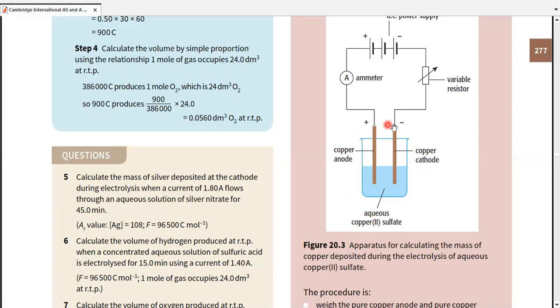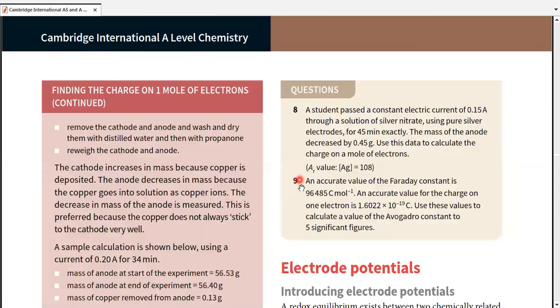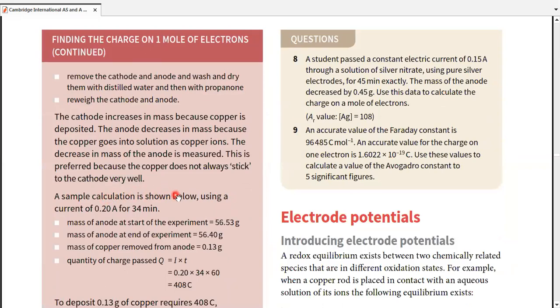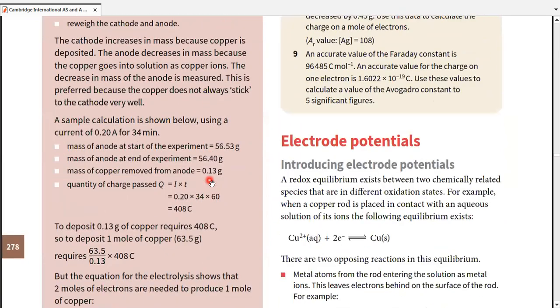I hope you're familiar with this entire process from IGCSE, the same chapter, but it wasn't a part of electrolysis, it was a part of electroplating. This experiment was used for copper plating, if you remember that back from IGCSE. Now moving on, a simple calculation is shown below using a current of 0.2 ampere for 34 minutes. Mass of anode at the start of the experiment was 56.53 grams.